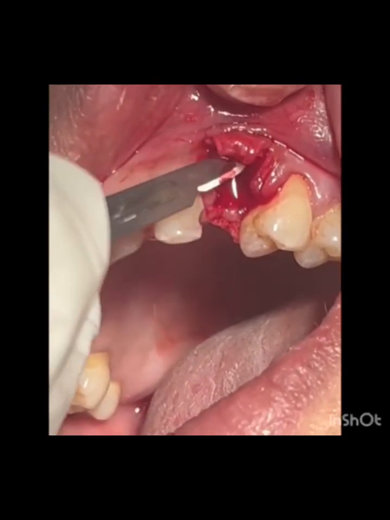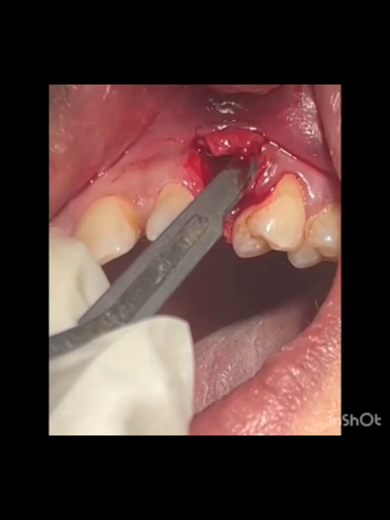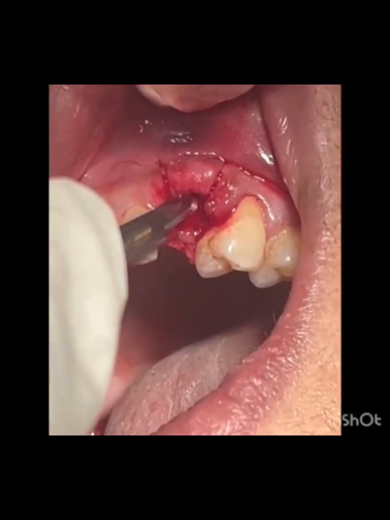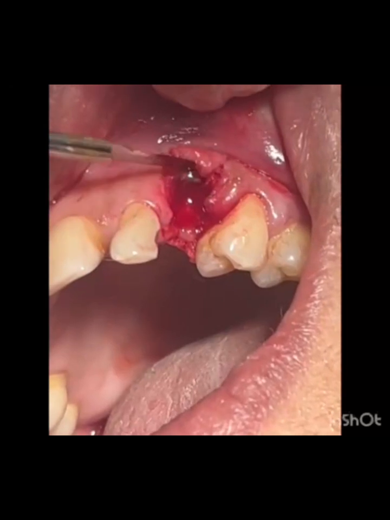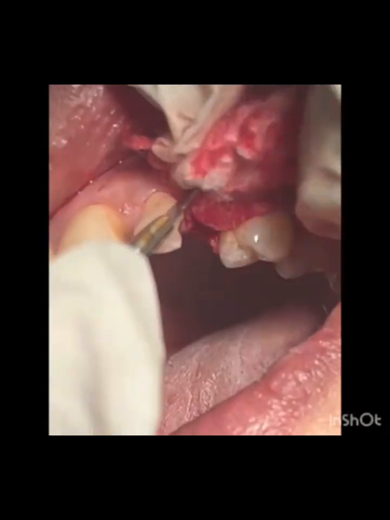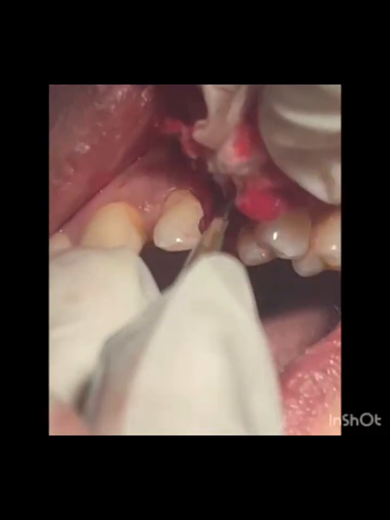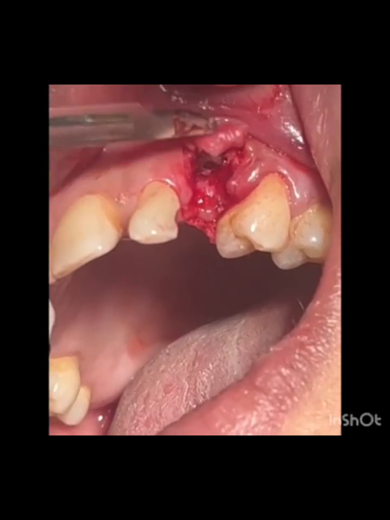Okay, so we are going to operate on this much of tissue, which is presently overlying the implant underneath it.